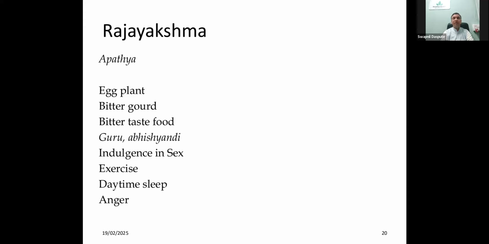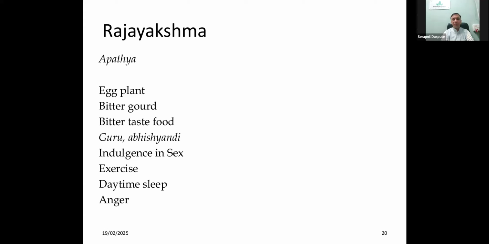The classical textbook says there is always a chance of relapse, and that is true with every other disease, but more so with Rajakshma, which can relapse very fast. Hence, Rasayana is important in Rajakshma.